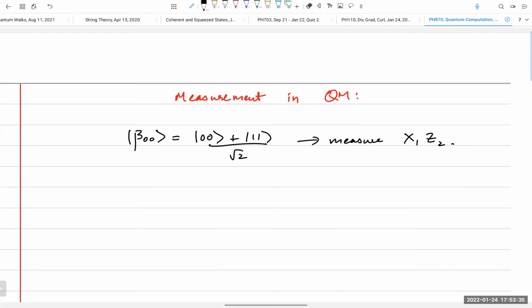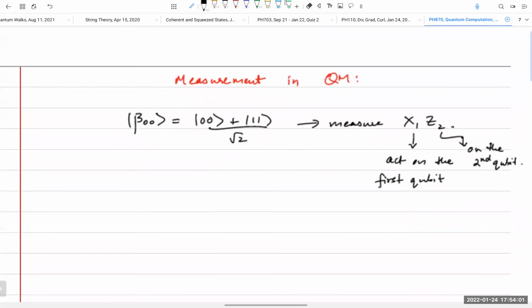Now first of all, a bit of notation. What does it mean when I say I'm measuring the operator x1 z2? The indices on the operator indicate that this will act on the first qubit and this will act on the second qubit.